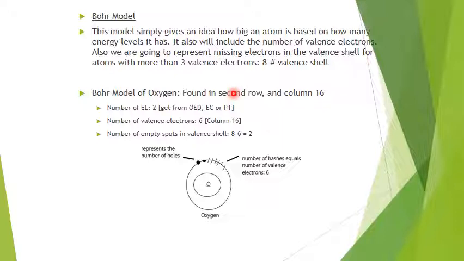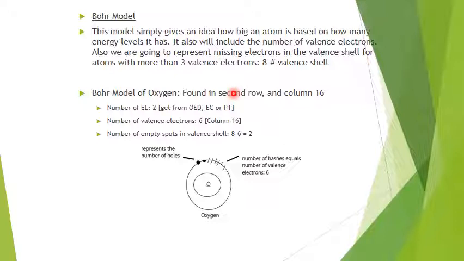We can use the orbital energy diagram, and we can go back and look at PowerPoint 1. We went over the orbital energy diagram of oxygen, and we found that it has electrons in 1s2, 2s2, and 2p4, and so we knew that it had two shells and it had 6 valence electrons.